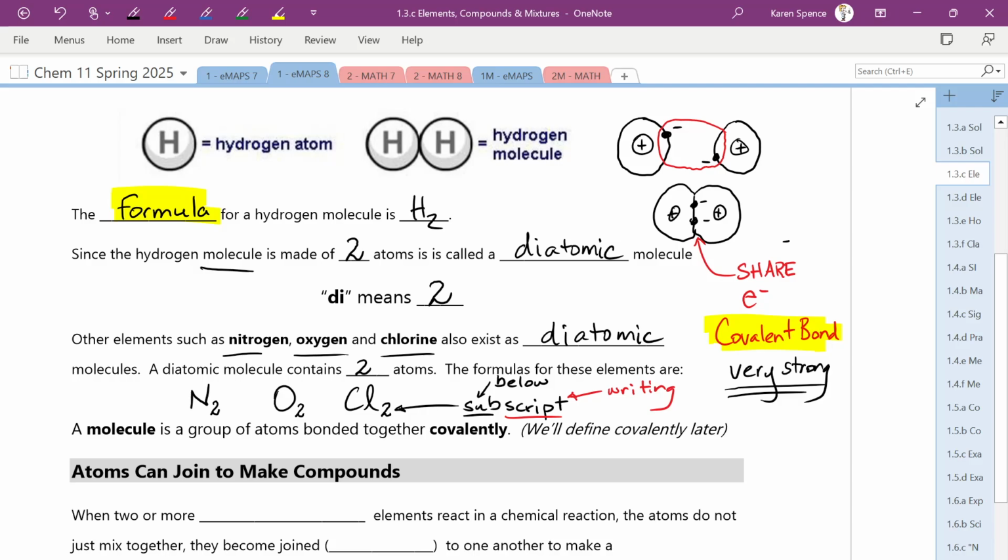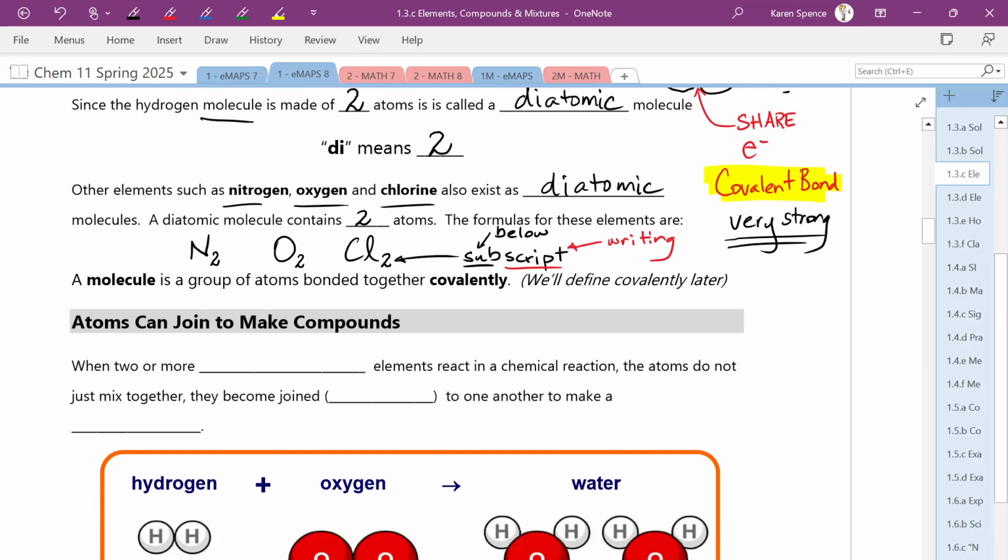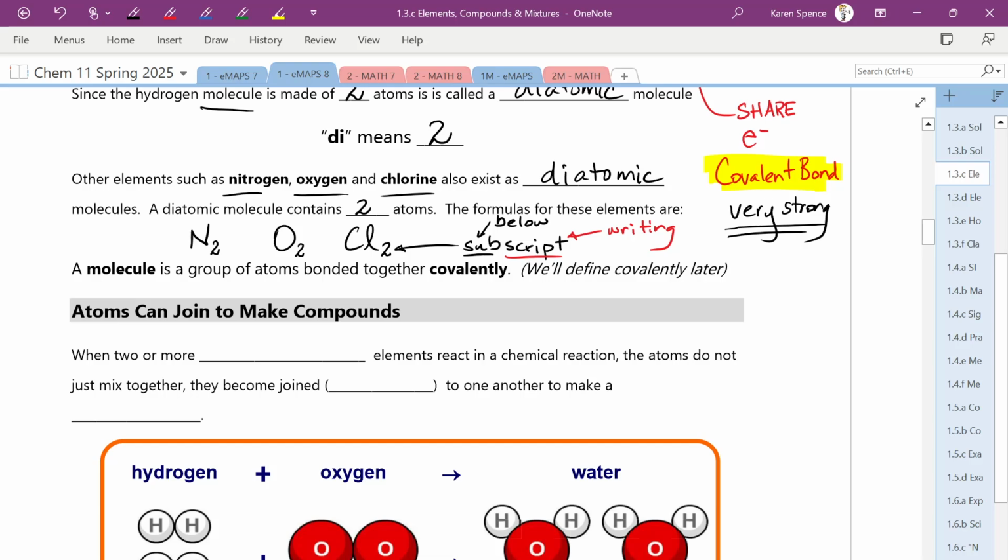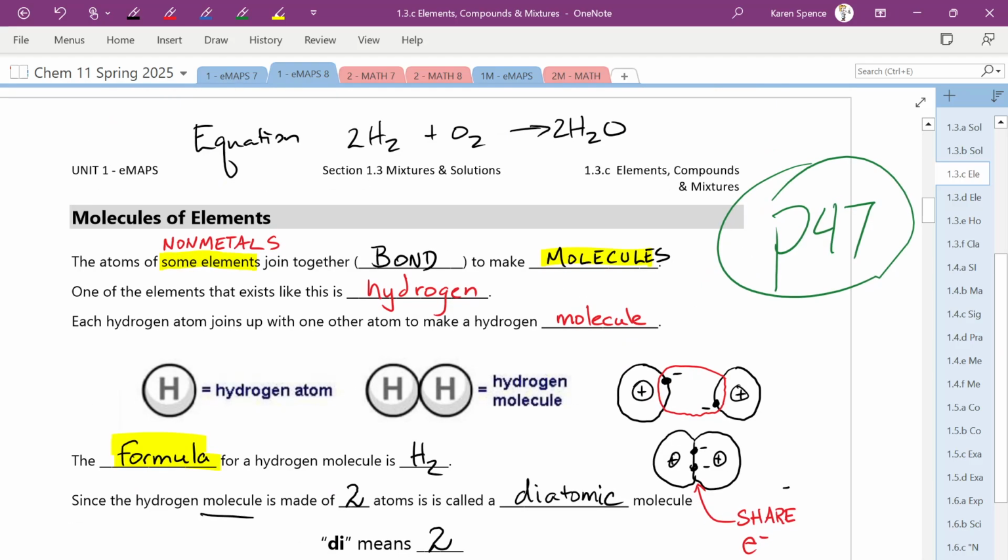Atoms can also join together, not to make a molecule of an element, but they can also join together to make a compound. What's different about this? Is that a compound?